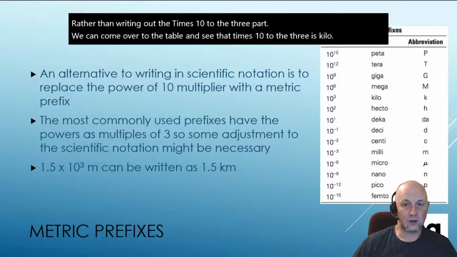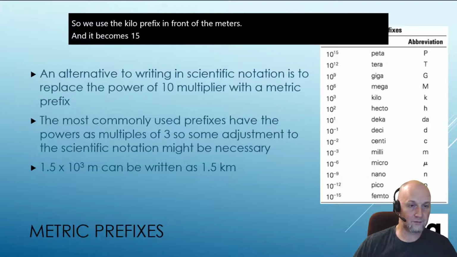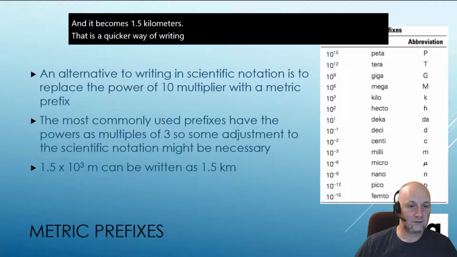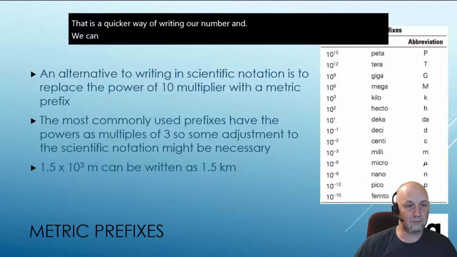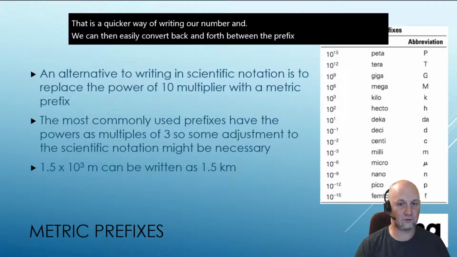So we use the kilo prefix in front of the meters, and it becomes 1.5 kilometers. That is a quicker way of writing our number, and as well, we can then easily convert back and forth between the prefix form and the scientific notation form.